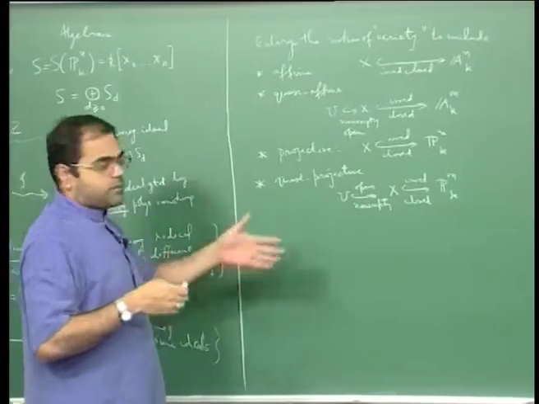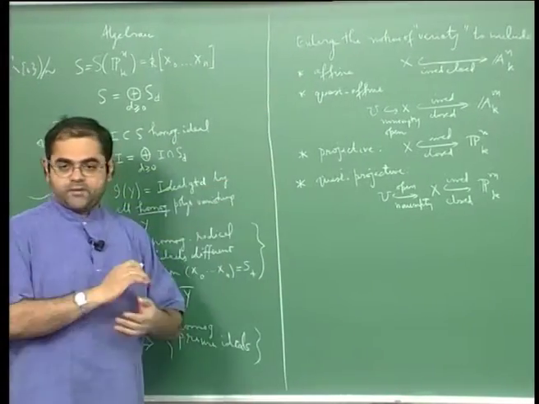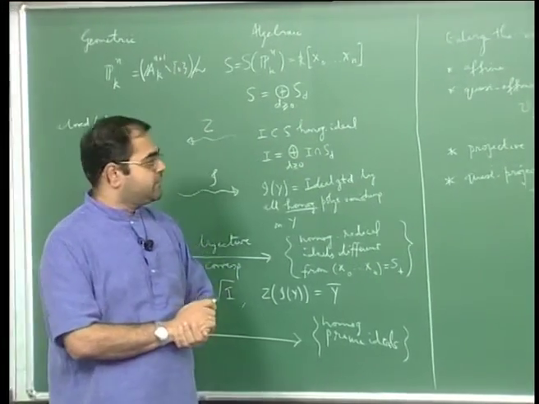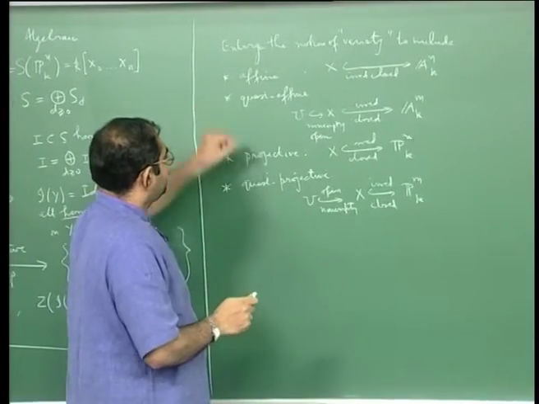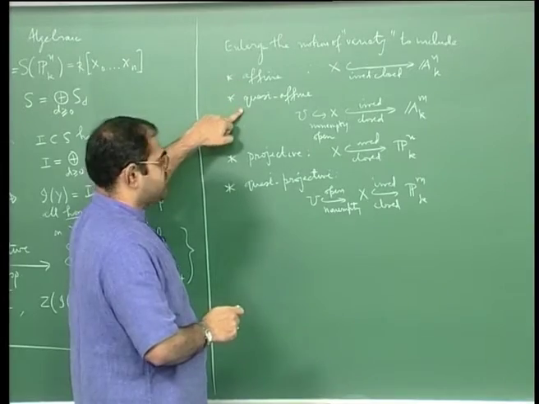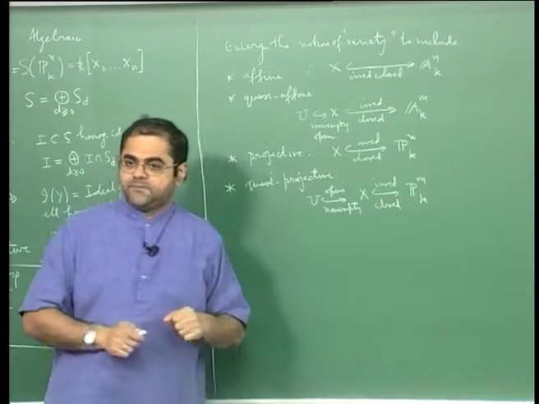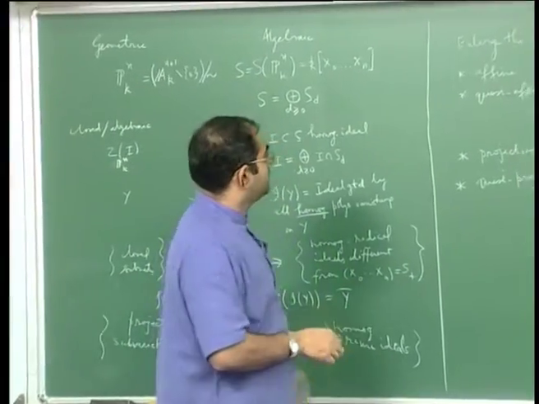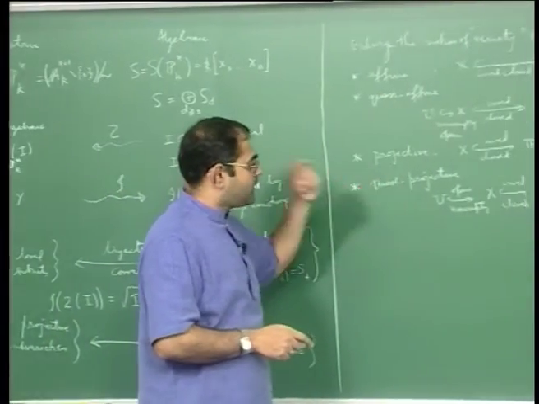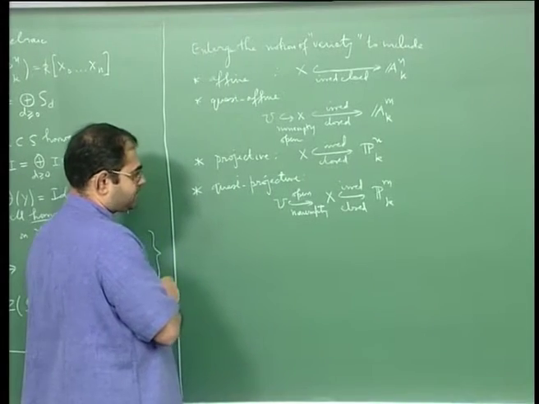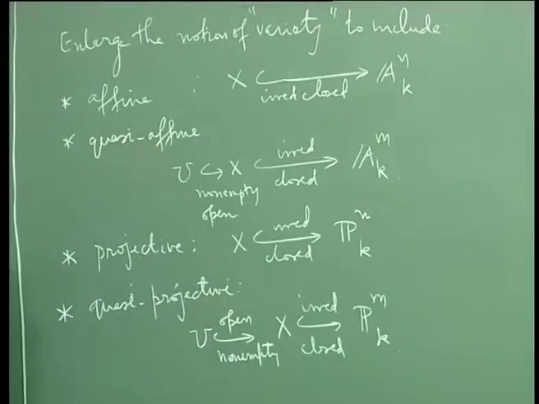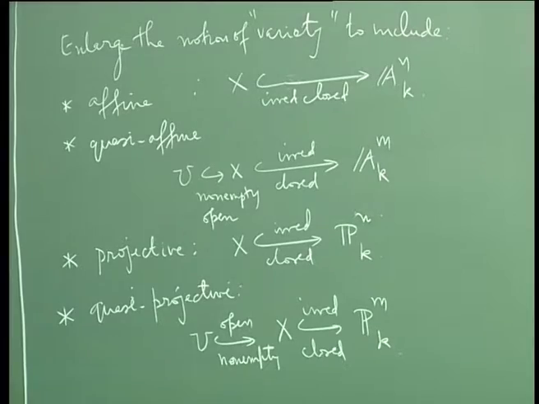So now variety means any one of the following four possibilities. It's either an irreducible closed subset or an open subset of that, in affine space or in projective space. Okay. Now we enlarge the notion of what a variety is, and then, talking about irreducibility, you have to note that projective space is also Noetherian.